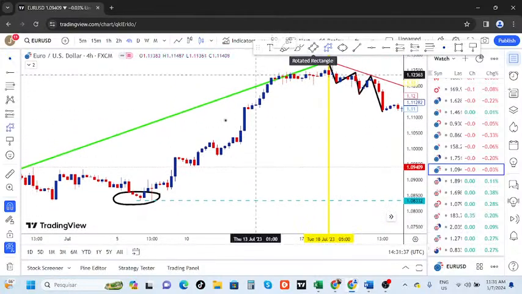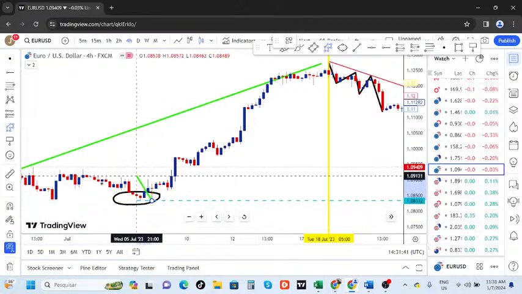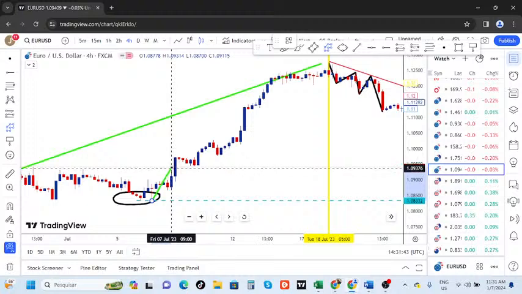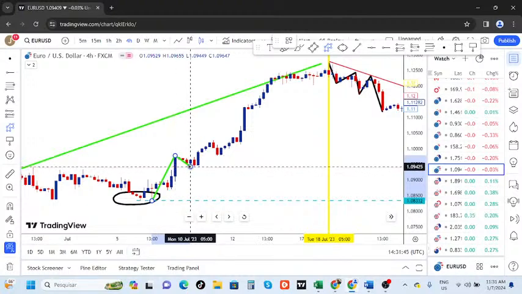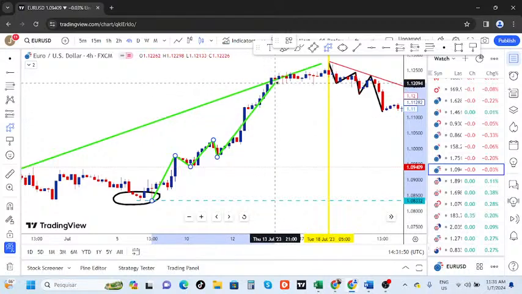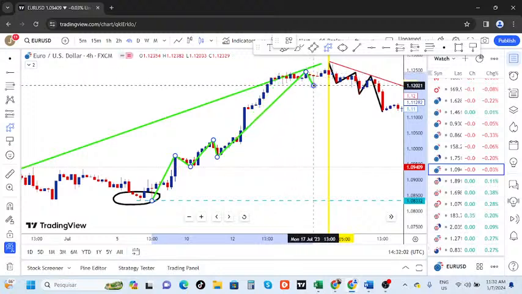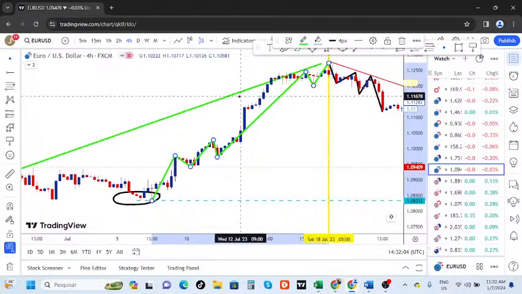Now, even if the short-term trend was up, it was making higher highs, higher lows, higher highs, higher lows. And let's look at the next higher high. Okay, in my own opinion, this is the high. Yes, higher highs and higher low and higher high right here.